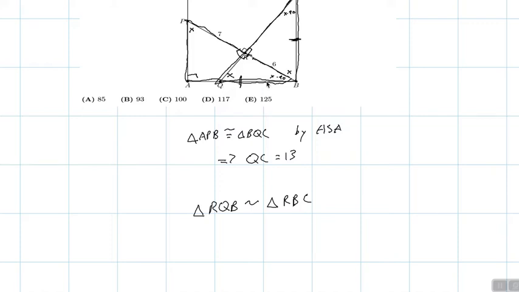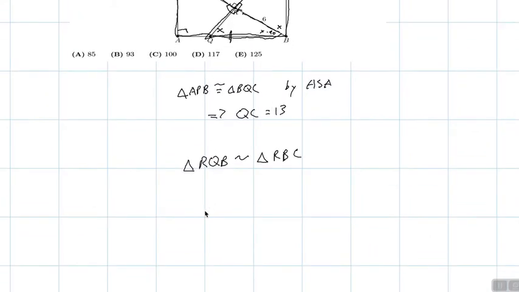They have 90, x, and x minus 90. So then, since these two triangles are similar, it's got to be true that RB over RQ is equal to corresponding sides RC over RB.